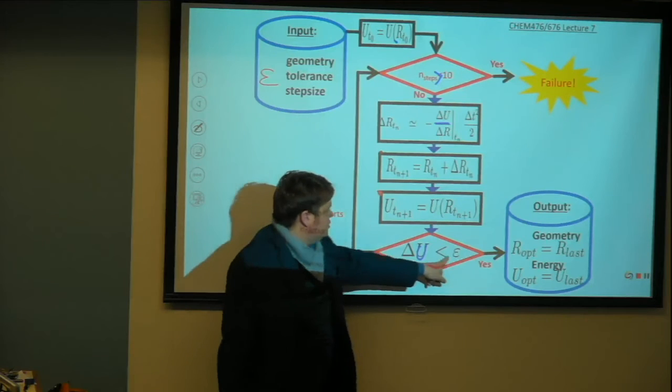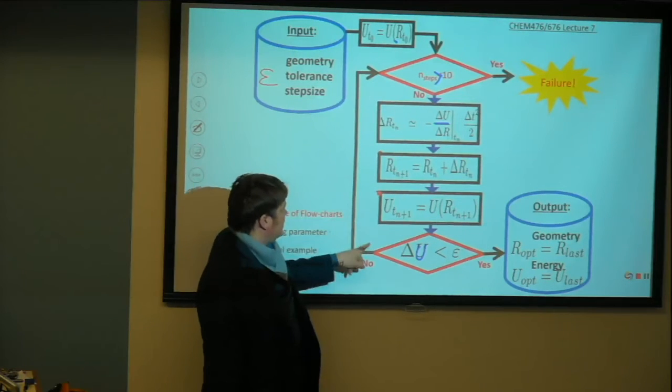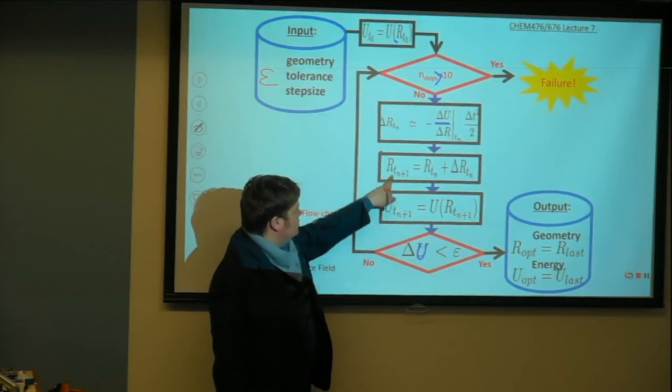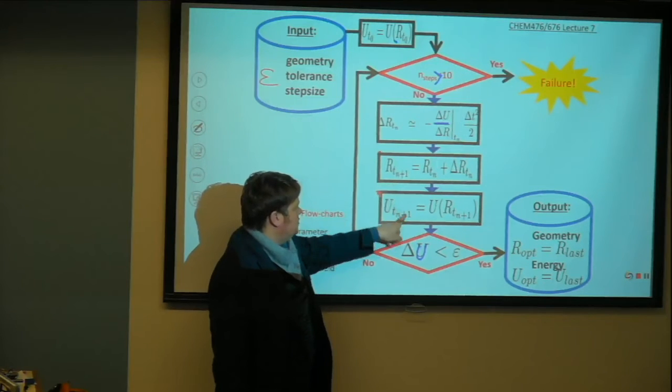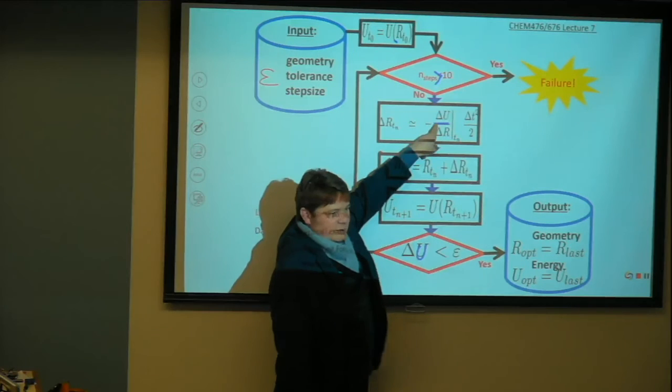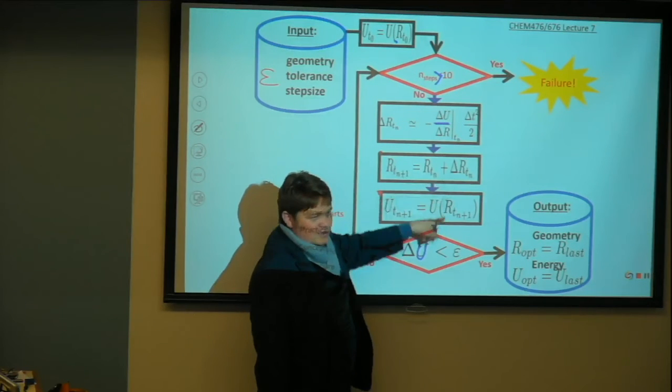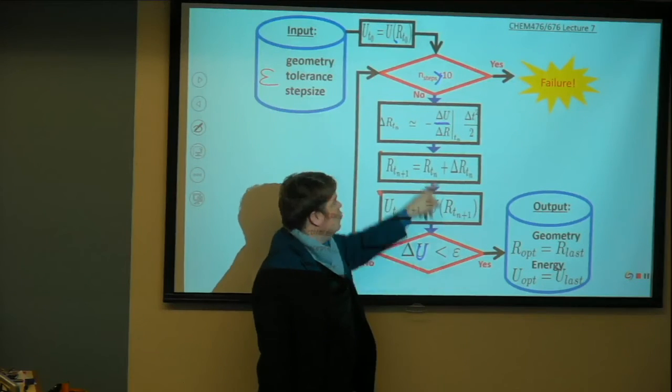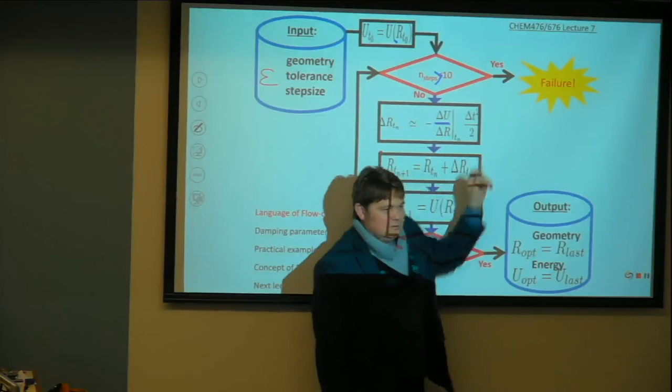If this condition is not satisfied, we return back and use this value of position and this value of potential as an input for the next step, and try to repeat it again until we get a convergence, or until we go too far. Okay?